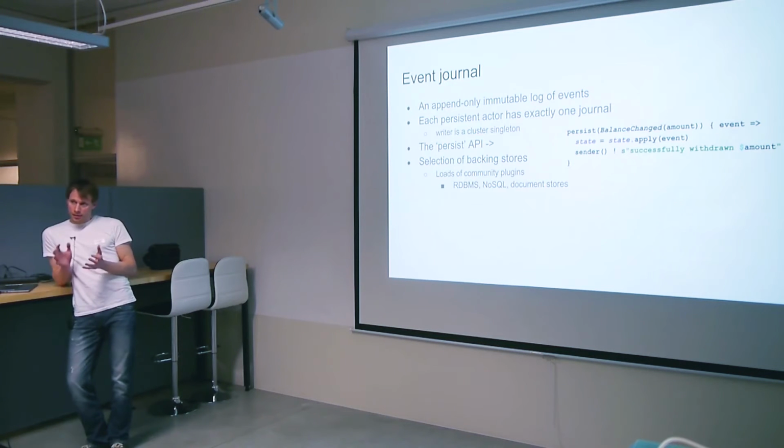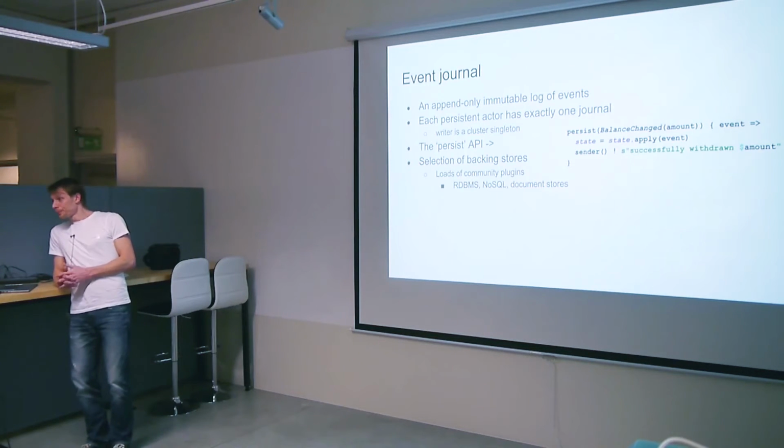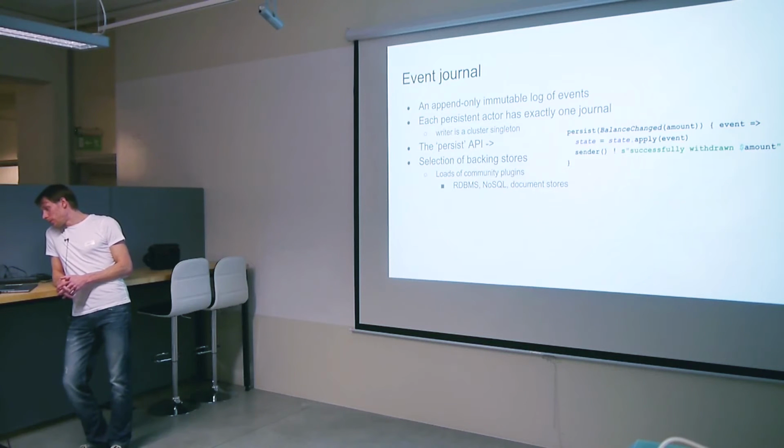An actor state is quite private to it. It's not shared, as Chris had told us. So there's a one-to-one relationship between persistent actors and journals. This also means that you have to be careful for a cluster to have only a single writer to each journal. Otherwise, there's going to be trouble.